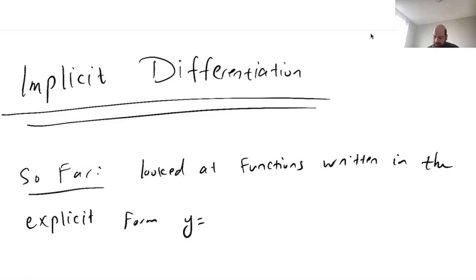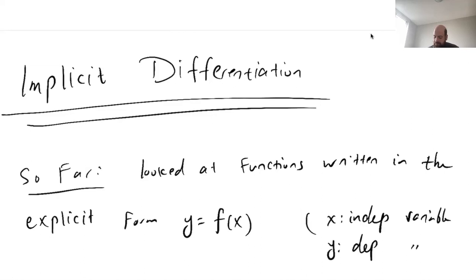Let's say y equals f of x. So here x was the independent variable or input, and y was the dependent variable.